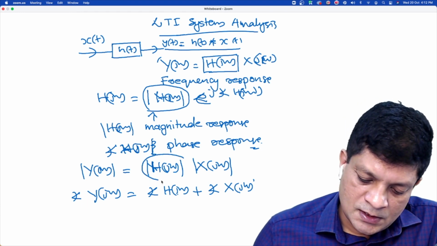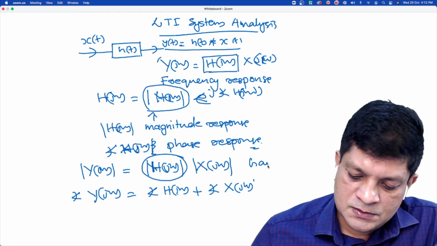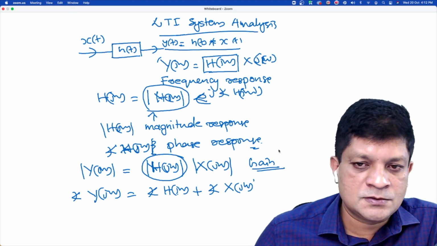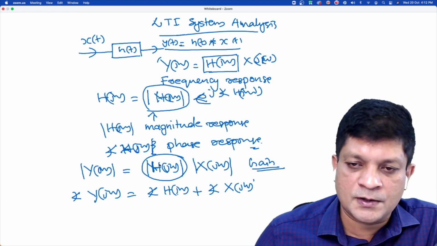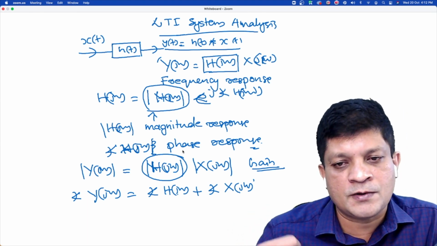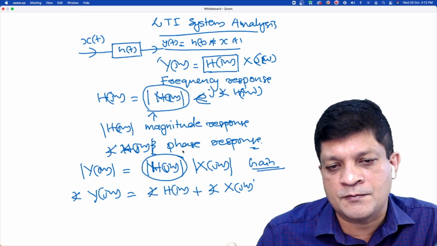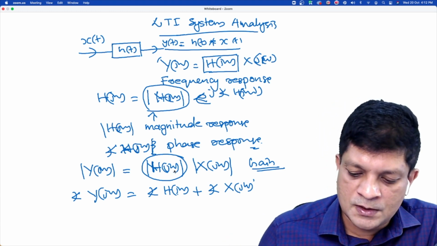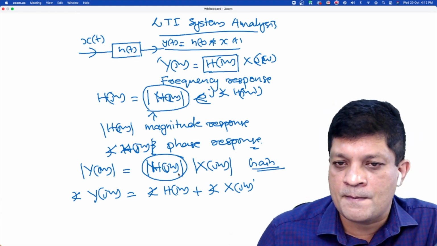And this is generally called the gain of the system. Remember, gain is not a constant function, it is a function of omega. That means different frequencies are amplified by different amounts.